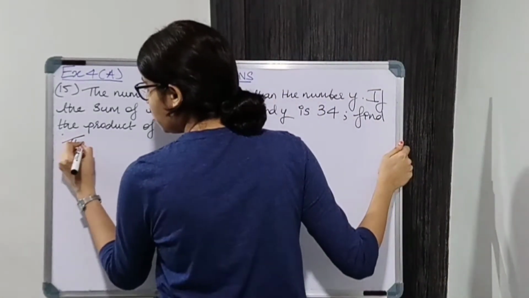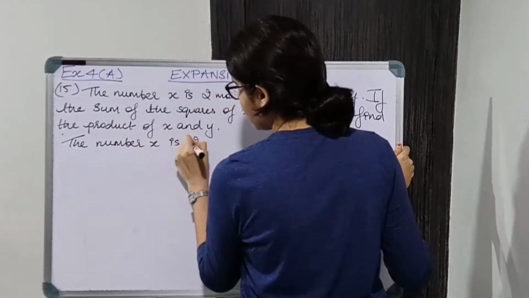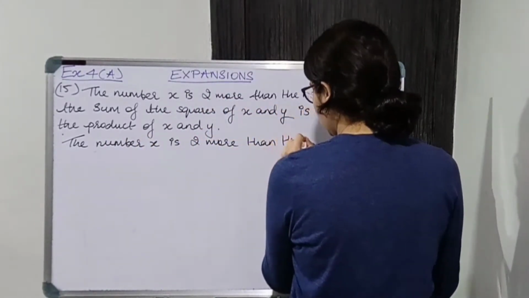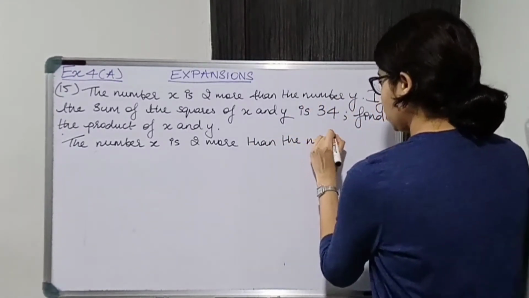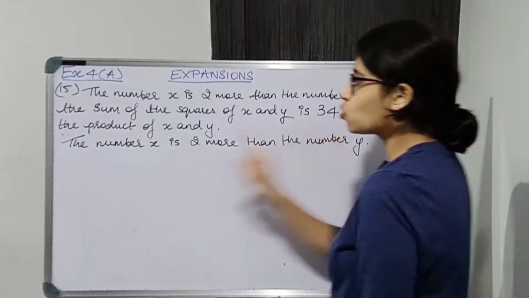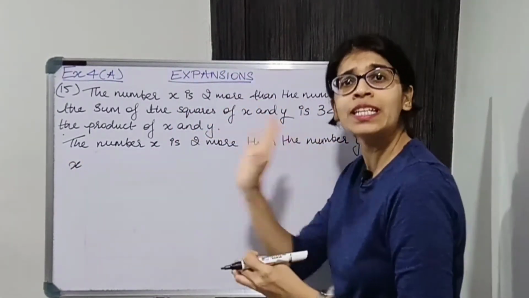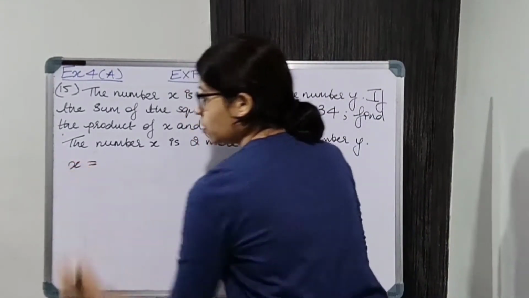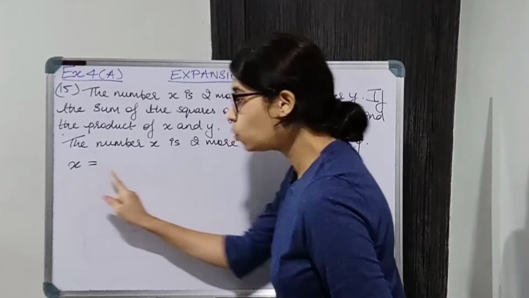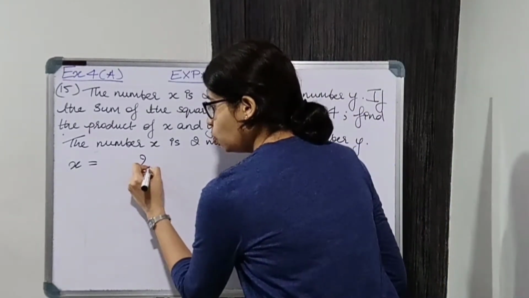So, the number x is 2 more than the number y. Alright, so x is means put is equal to. x is equal to 2 more.